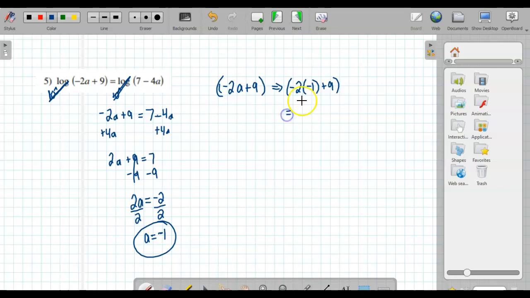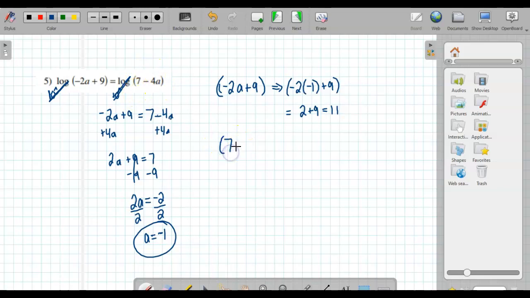And that equals 2 plus 9, which is 11. So although our a is negative, the number that we're taking the log of is 11, which is positive, so that's okay. Let's double check with the other logarithm that we have here.